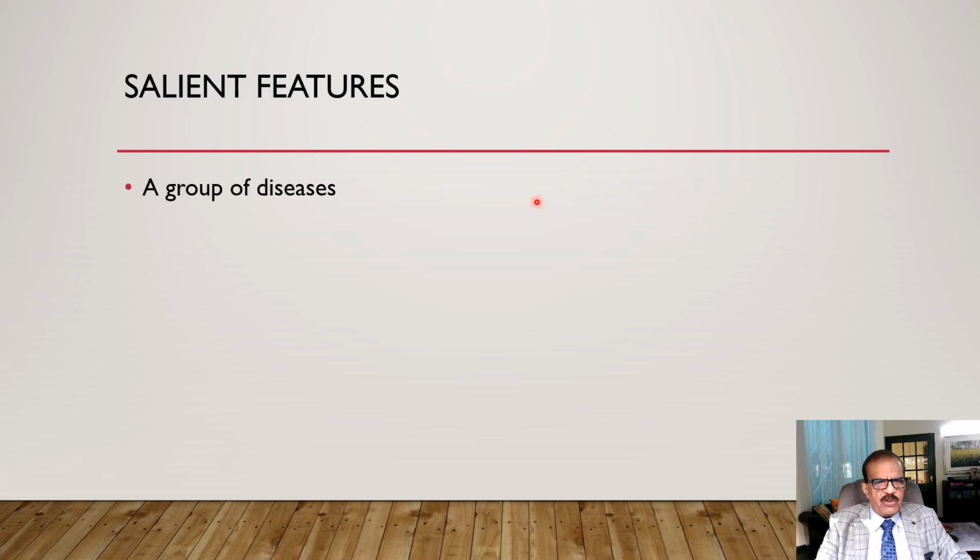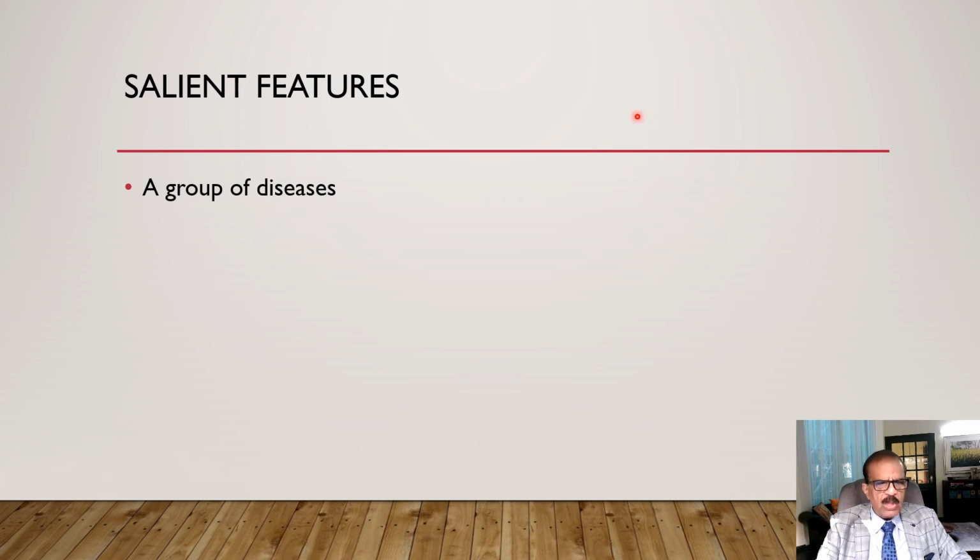Now, salient features. Number one, it is a group of disorders. Pneumonia is not one condition, it is actually pneumonias. There are various types. You can classify pneumonias based on etiology, based on their setting, and based on other factors, the predisposing factors.